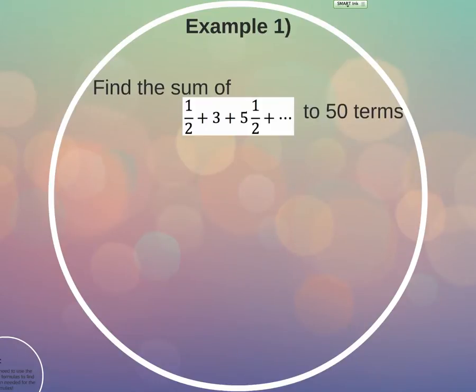All right, so here is our first series. We're going to find the sum of 1/2 plus 3 plus 5.5 plus so on to 50 terms.